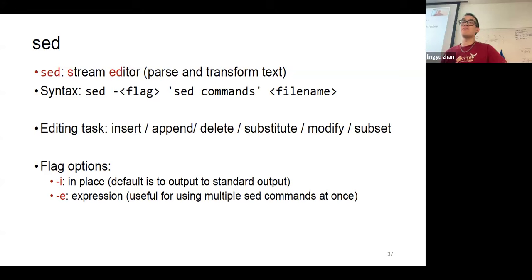It can be a bad thing, but it can also save some space for you. And -e means expression. We'll learn about this later, but you can combine multiple expressions together by using -e. For example, you have -e with one sed command enclosed in single quotes, and if you want to have a second command, you can add -e and then a second command. So you can have multiple -e in your sed commands.